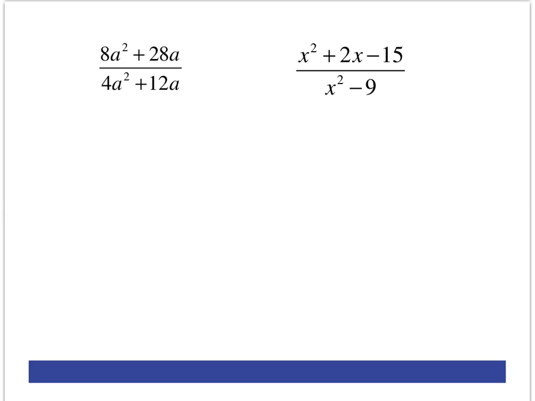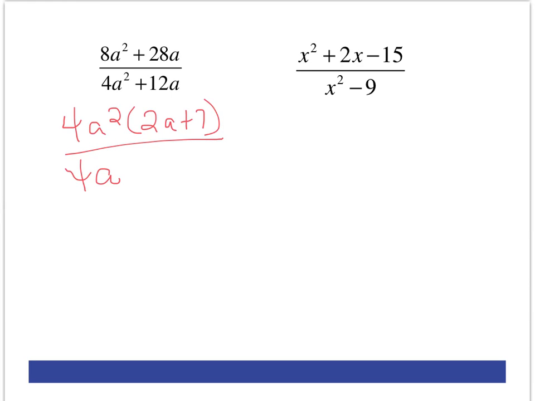So let's look at the next problems. Now, let's look at the top. Is there anything in common that we can take out of the numerator? 8a squared plus 28a. There is. We can take a 4a squared, and that leaves 2a plus 7. And in the bottom, we can actually take out a 4a.